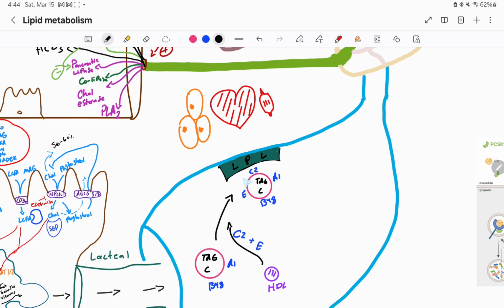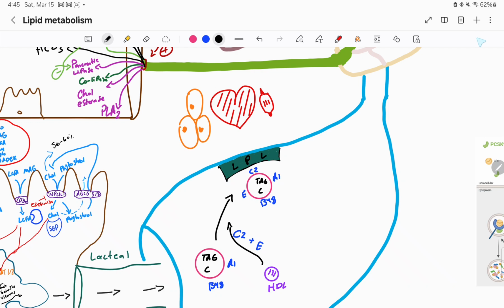Read the name: lipoprotein, and we know chylomicron is a lipoprotein, and then lipase. If you remember from the digestion video, a lipase is anything that is able to cut a triacylglycerol. So this lipoprotein lipase will act on this chylomicron and cleave all of its triacylglycerols.